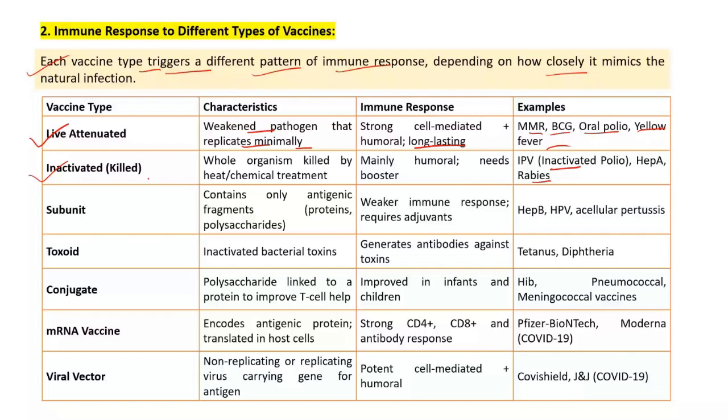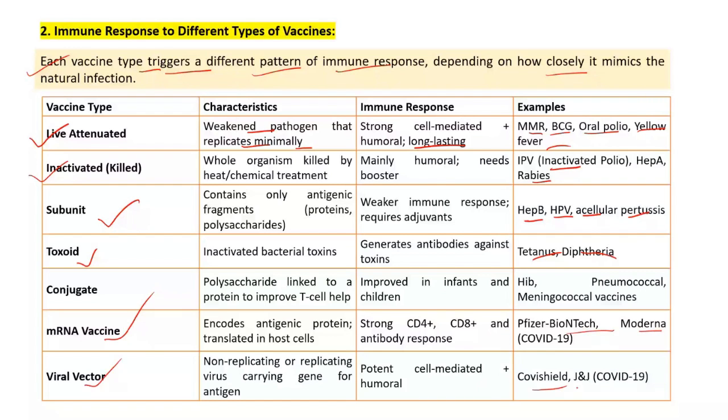Now you can see subunit में क्या example है, hepatitis B, HPV, acellular pertussis, जो whooping cough होता है वो. टॉक्साइड में टेटनस, डिप्थीरिया. सो यू कैन सी mRNA का अभी रिसेंट एग्जांपल आपको याद होगा, फाइजर, बायोटेक एंड मॉडर्ना. सो ये जितने भी है वायरल वेक्टर, जिसमें एडिनोवायरस हमने यूज किया था कोविशील्ड के लिए, मोस्ट ऑफ द लोगों को कोविशील्ड ही लगा था इंडिया में.